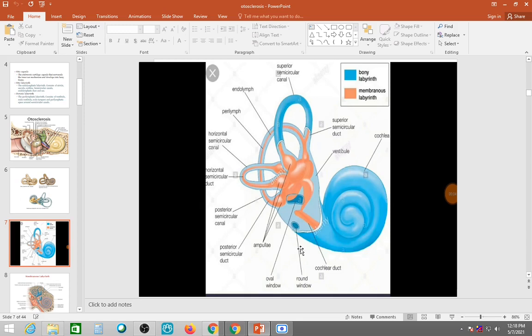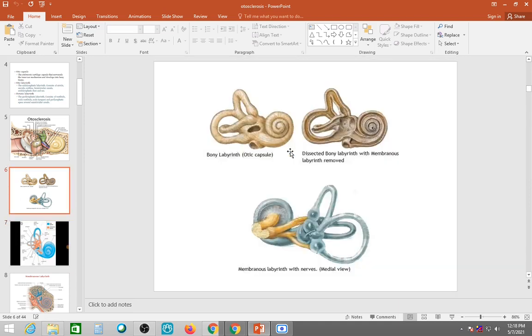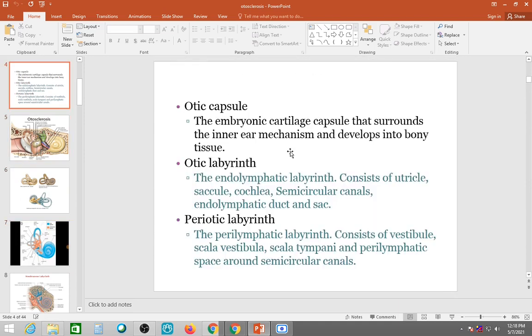In the earlier slide, when we talk about the otic labyrinth, what parts does it consist of? Utricle, saccule, cochlea, semicircular canal, and endolymphatic duct and sac. These are the otic labyrinth.